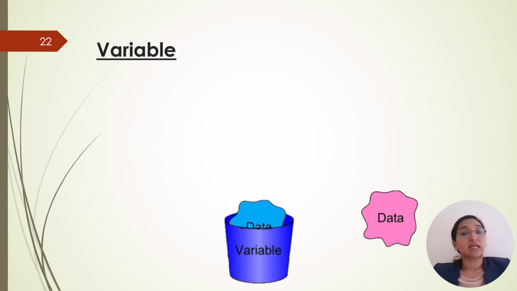And one other very important thing in computer programming, and this is important in flowcharts as well, you should know the concept of a variable. You should have an understanding of what a variable is.